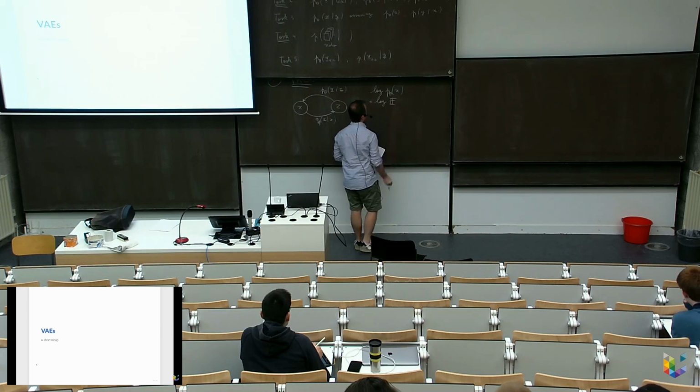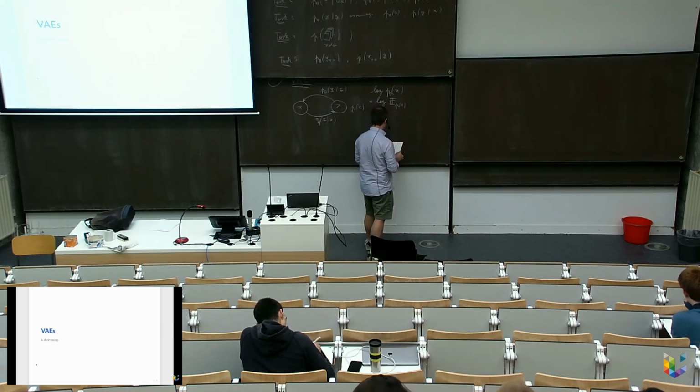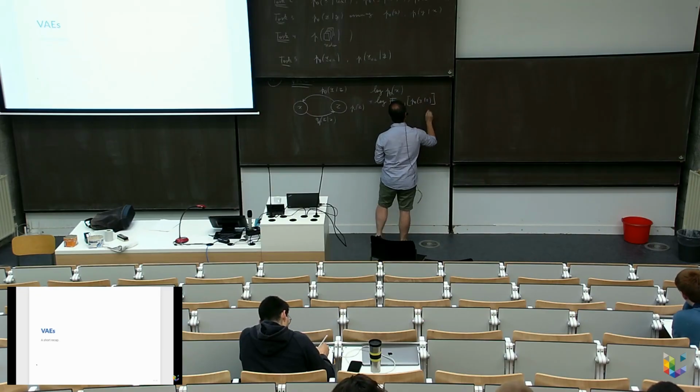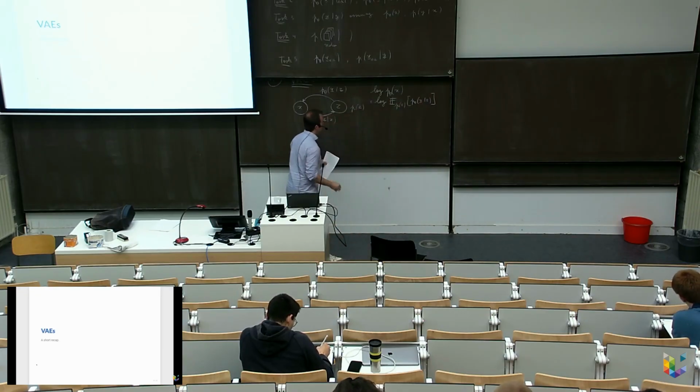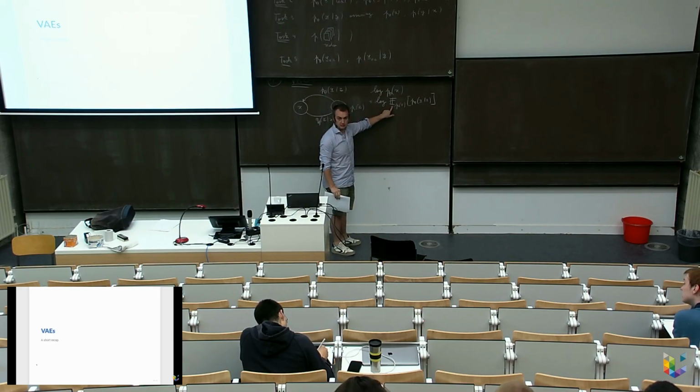We can express the marginal as the expectation over Z of P of x given Z. But then we quickly realized that if we wanted to maximize this, we needed a way to evaluate this expectation.